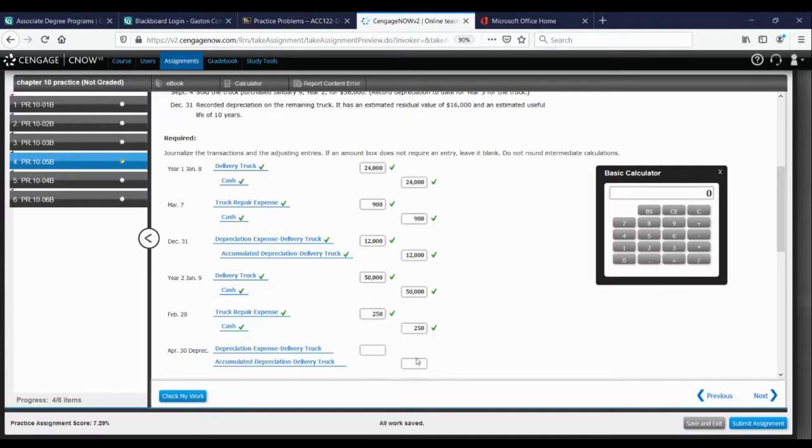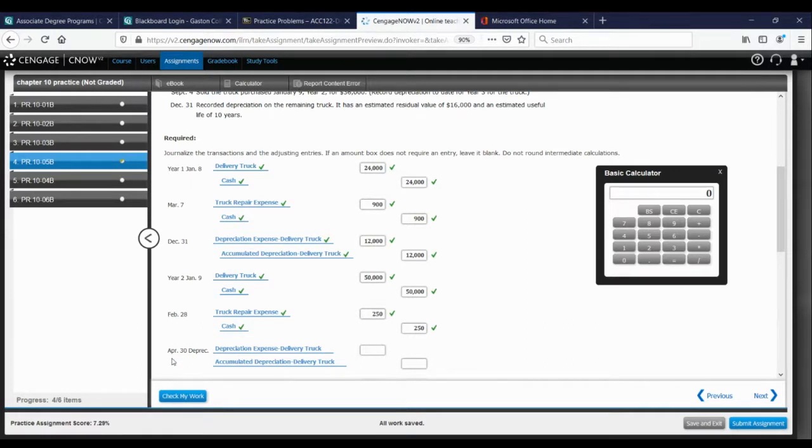Now what you have to do is you have to figure the amount for a partial year from January 1st of year two all the way up to the date of the sale, which is April the 30th. So what that tells us is that we've got 4 months that we have to depreciate this asset.